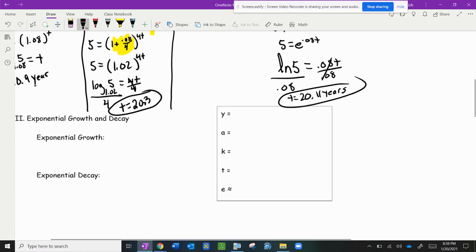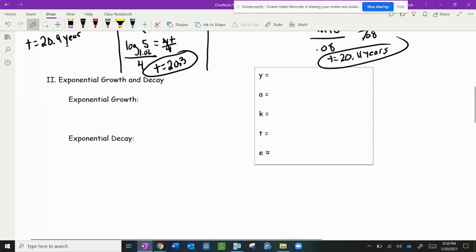Okay. The next one is exponential growth and decay. So let's define each one of those. y is equal to your final amount. a is your starting amount. And some other variables that can be used for this is n naught.